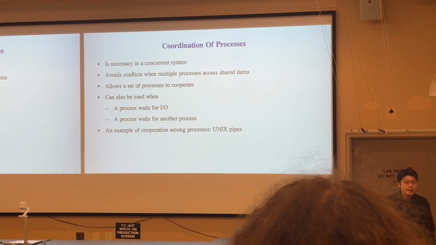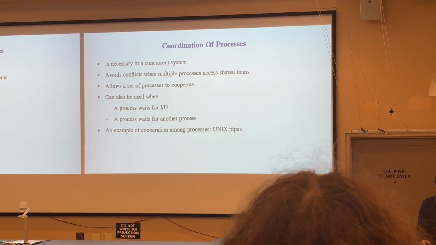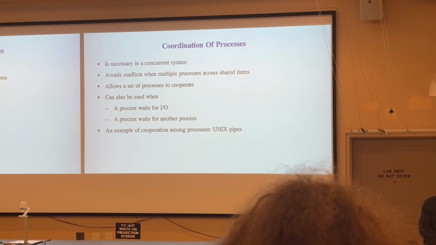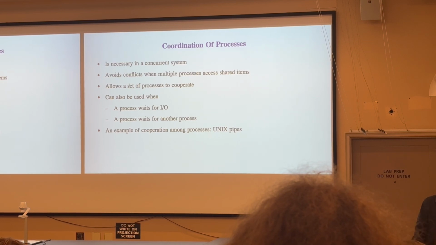We are using synchronization mechanisms to coordinate processes so that we can avoid concurrency issues. So they are necessary in a concurrent system. They avoid conflicts when multiple processes access shared items, and they allow a set of processes to cooperate in a way that appears as if they are not affecting each other to an external observer.